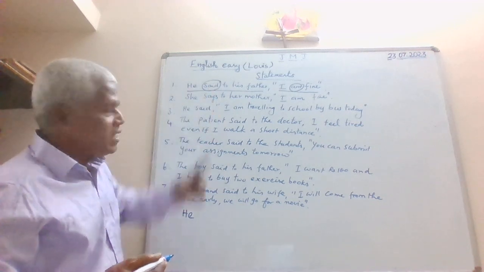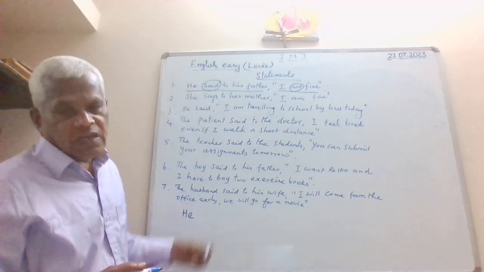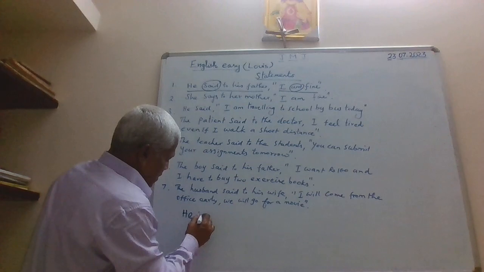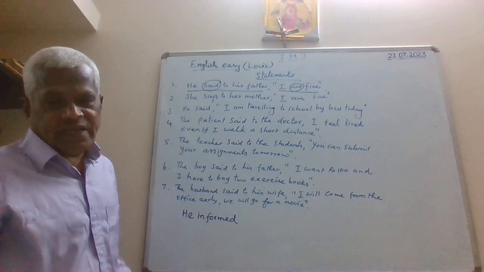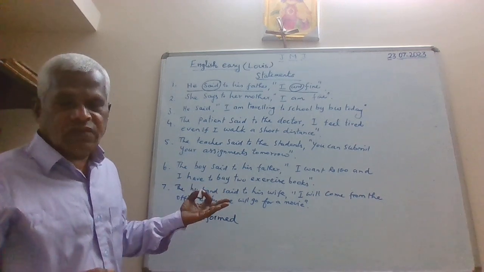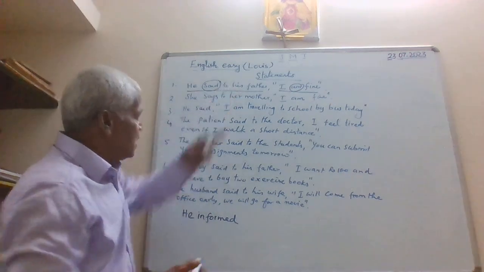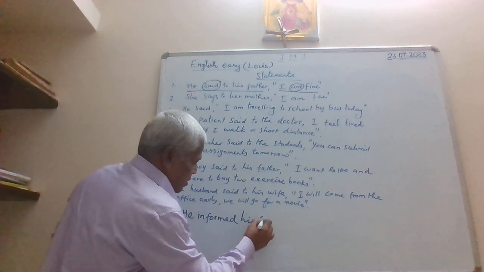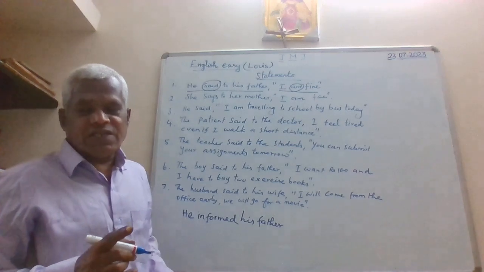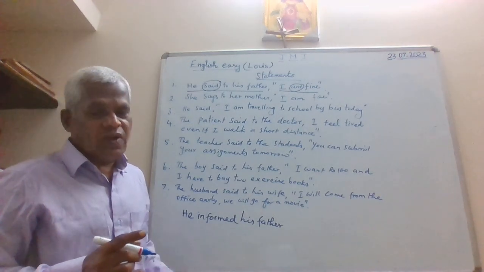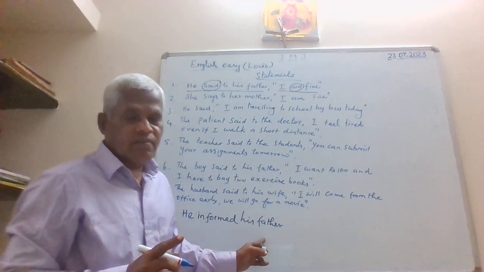Since he is informing his father, you can just say he informed. Of course, you can say ascertained, exclaimed, or told, any verb you are familiar with. But I am just using inform. He informed his father. Remember, after writing a past tense verb, you should never use the preposition to. You can't say he informed to his father. So he informed his father.